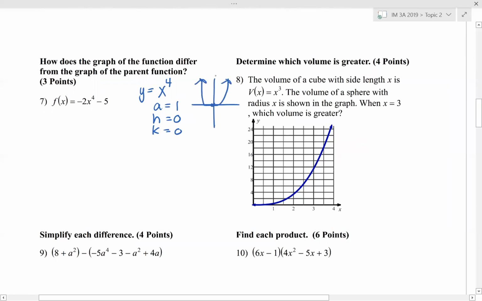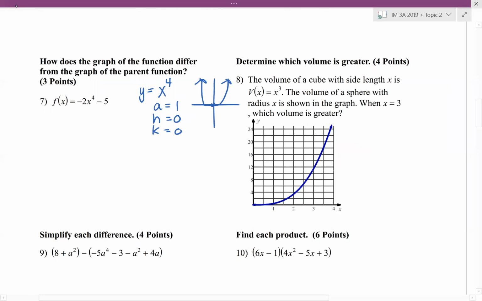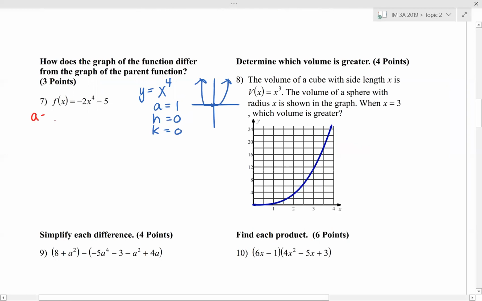And so what I'm looking at here is what is a, what is h, what is k? So for this problem, a is -2. What does a negative do to a function? It points it down. In a verbal description, what we say then is that it reflects it across the x-axis.